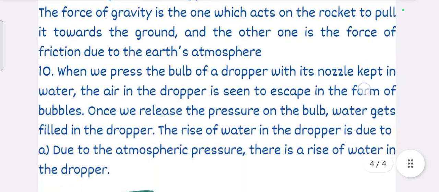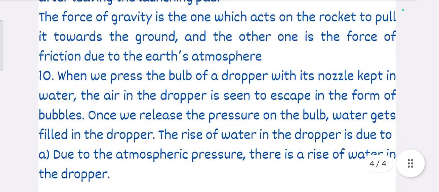Question number 10. When we press the bulb of a dropper with its nozzle kept in water, the air in the dropper is seen to escape in the form of bubbles.